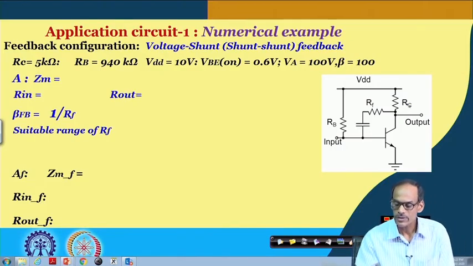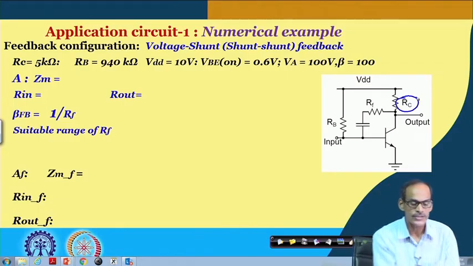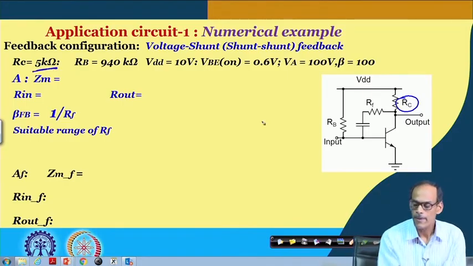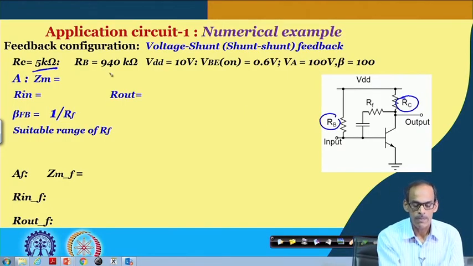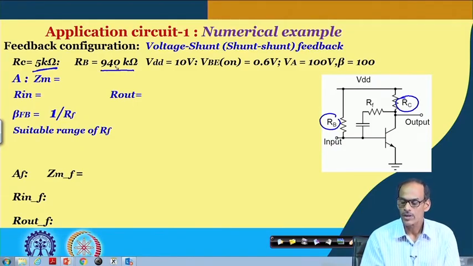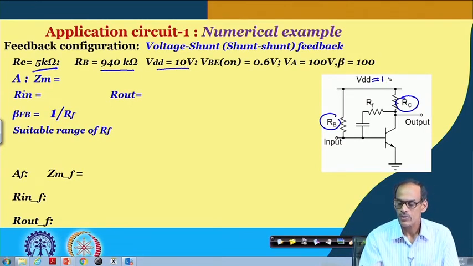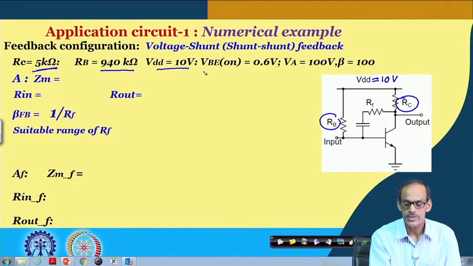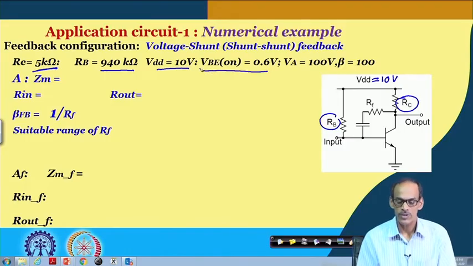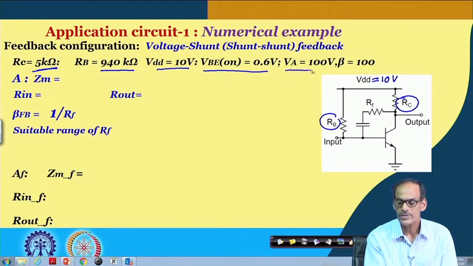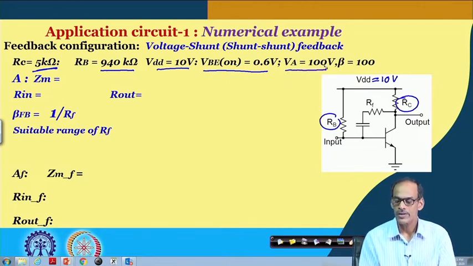In this circuit, the value of Rc is 5 k, Rb is 940 kilo ohm, and supply voltage is 10 volt, and let us consider Vb on approximately 0.6.